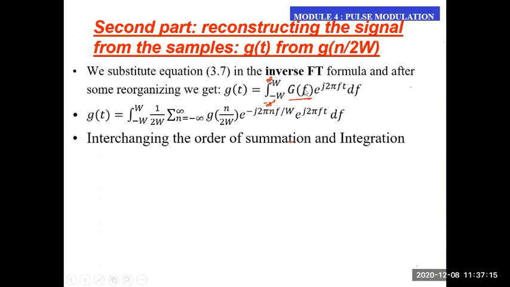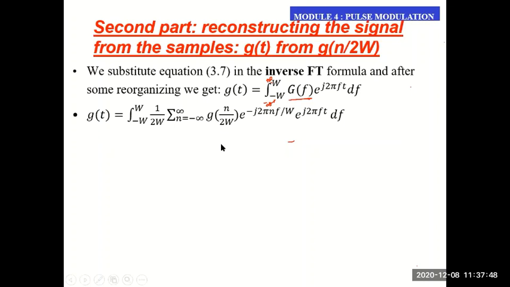G of f as per equation 7 was given as summation n equal to minus infinity to plus infinity g of n by 2w into e to the power of, I think we had only j pi nf by w, right? 2 wasn't there. Into e power j 2 pi ft df. This was the expression.